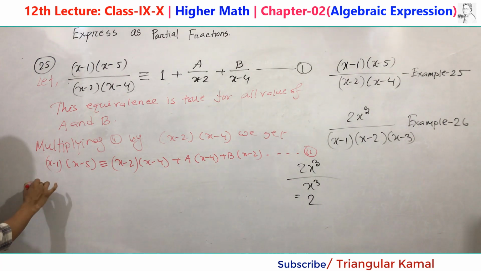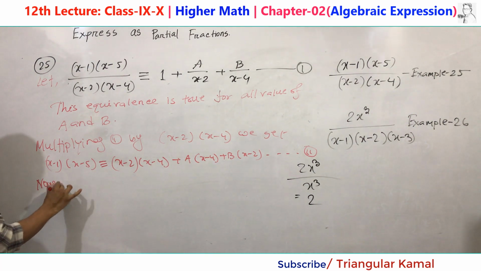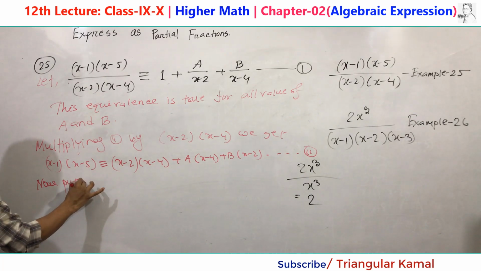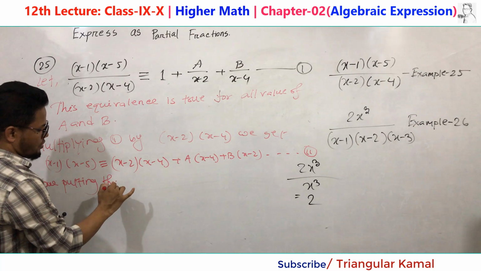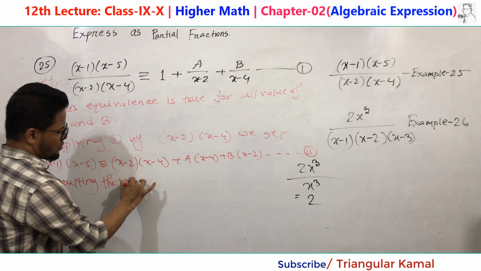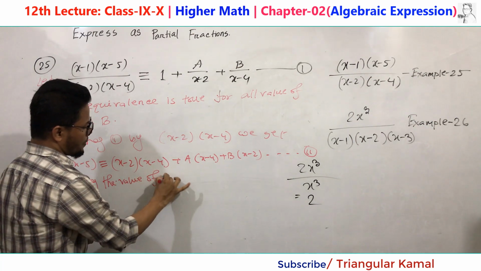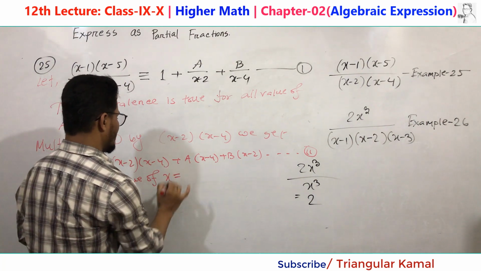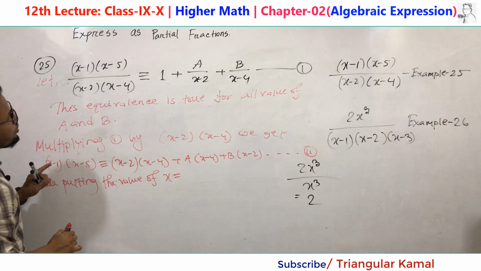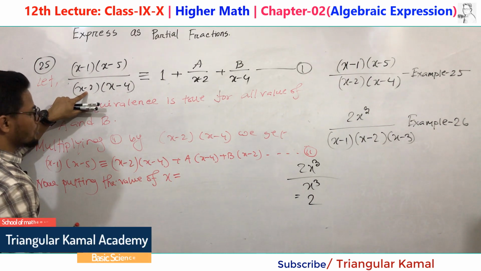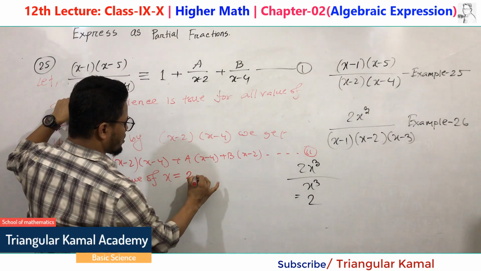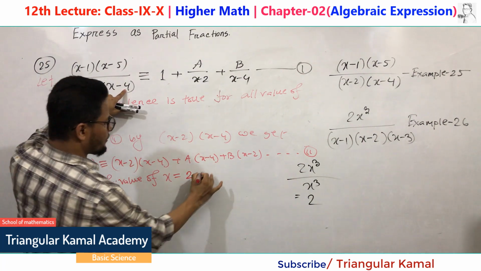This is true. Now putting the value of x: if you think the first factor equals 0, then the x value will be 2, and here we will get 4.